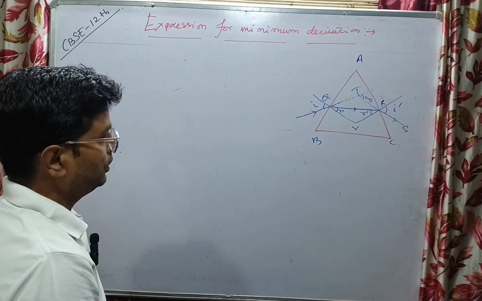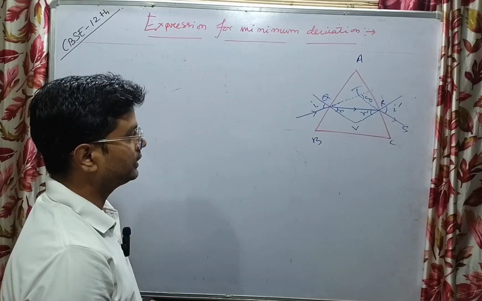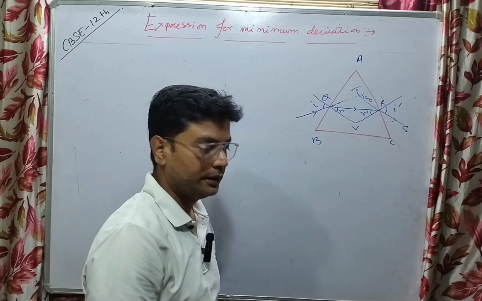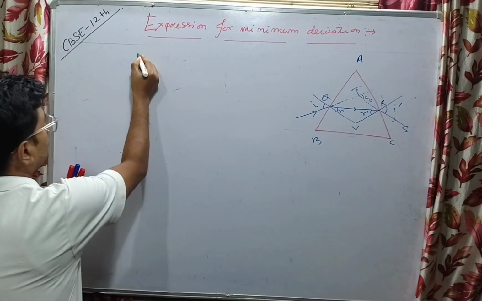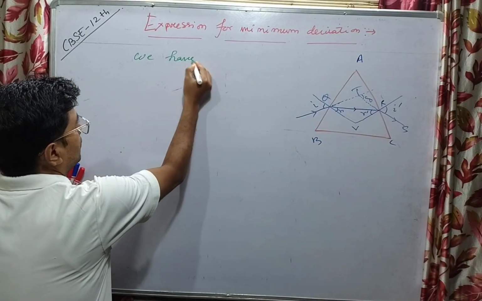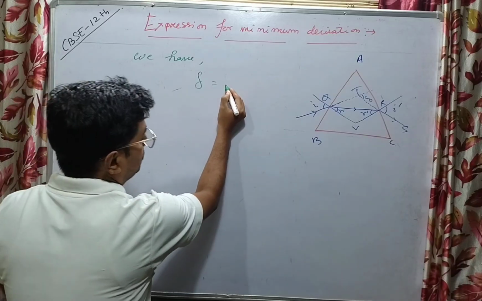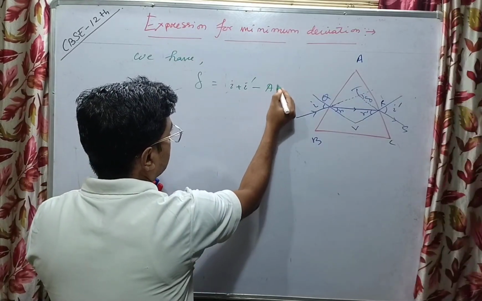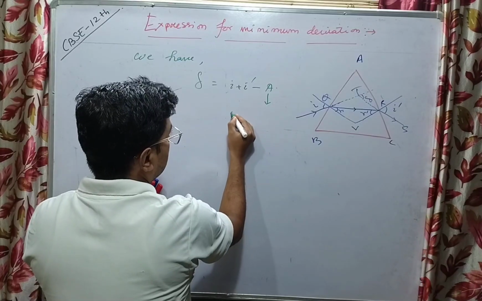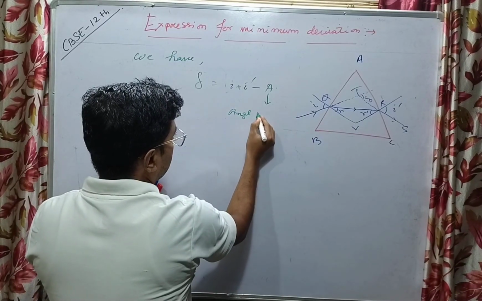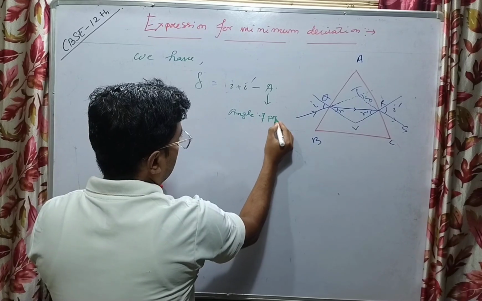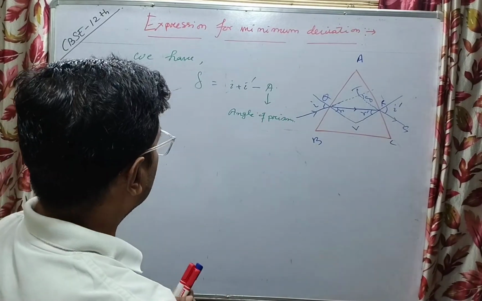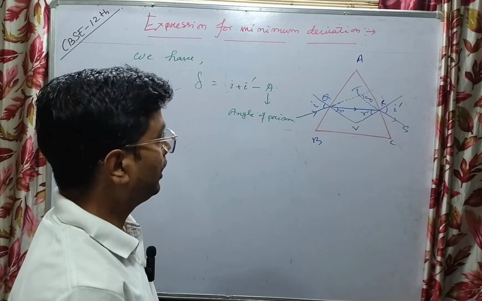Now in our previous discussion, it is clear that the angle of deviation delta is equal to I plus I dash minus A, where A is the angle of the prism.